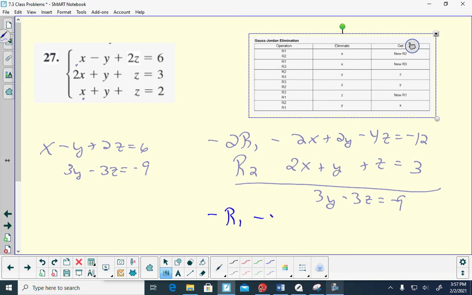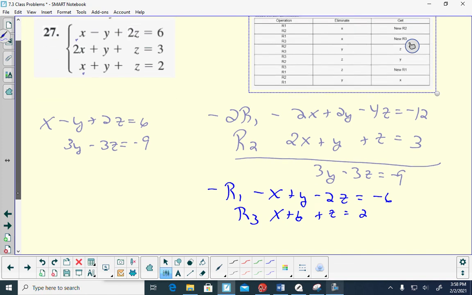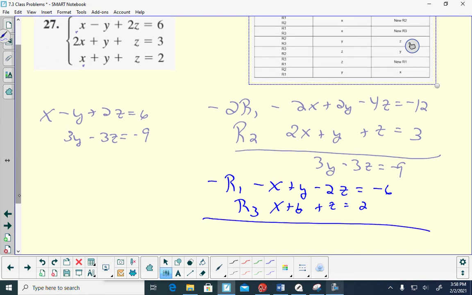So that'll be negative x plus y minus 2z is equal to negative 6. Copying down my row 3, which is x plus y plus z is equal to 2. And when I add those, the x is equal to 0, and I get 2y minus z is equal to negative 4.